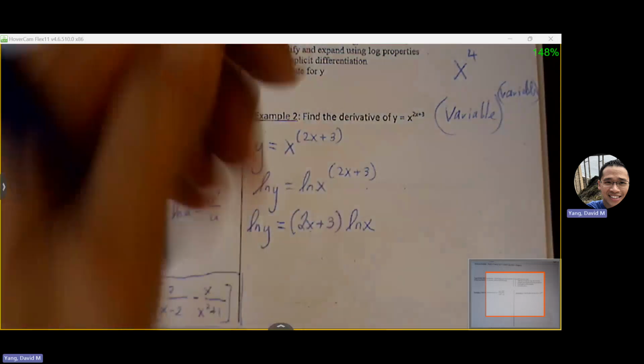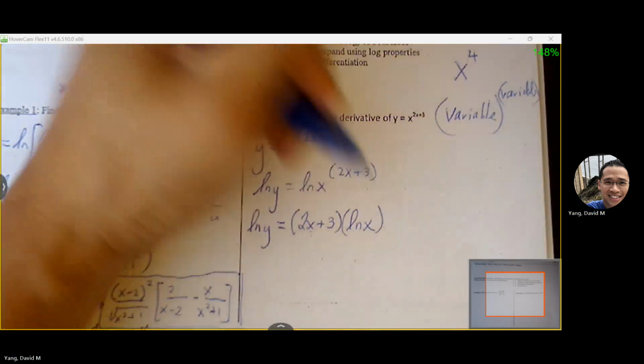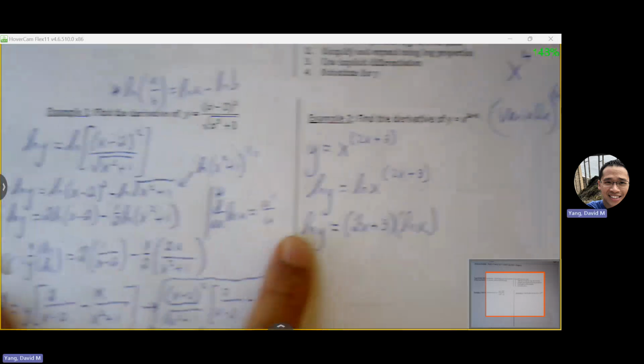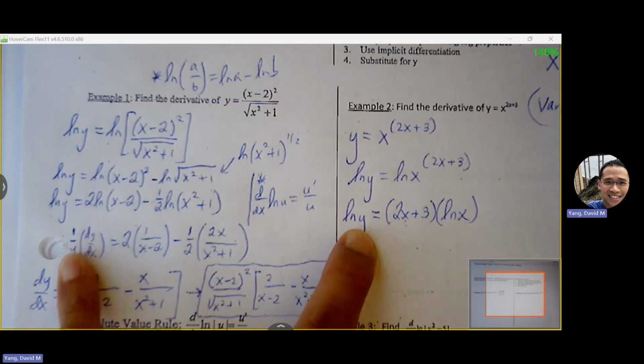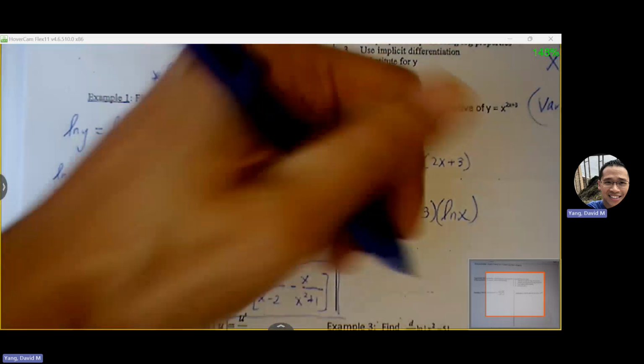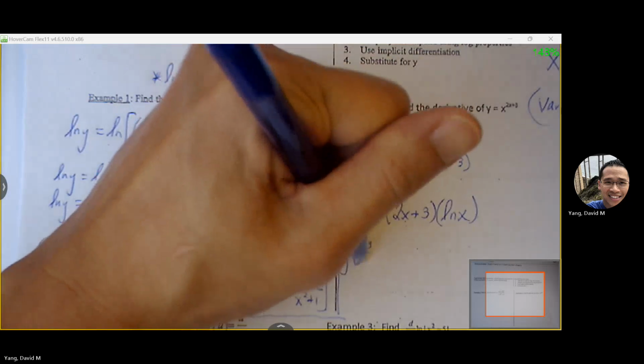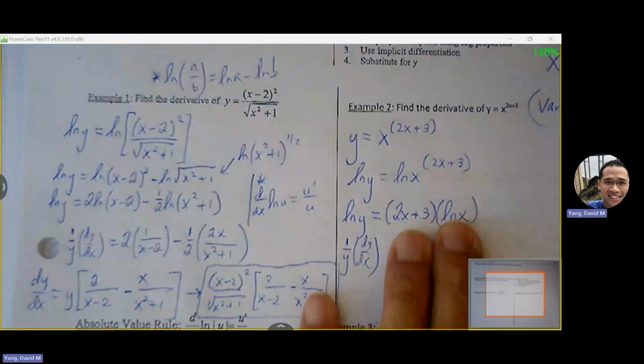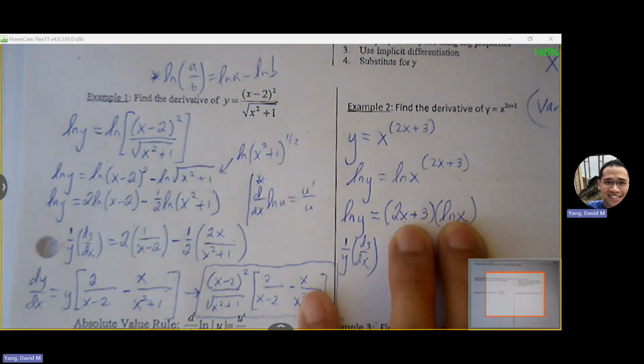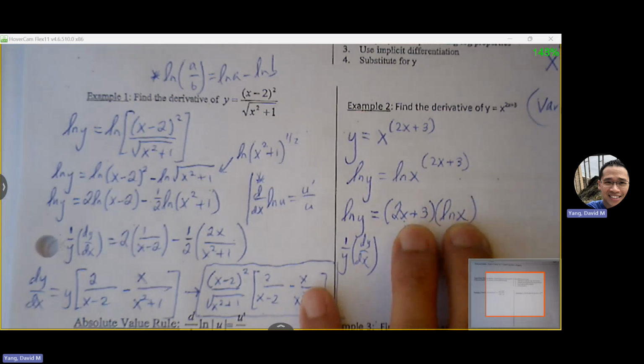it's now in front of natural log of x, but I want to find the derivative. Natural log of y is going to be the same as before, a little bit of implicit, 1 over y dy dx. But what's going to come of 2x plus 3 times natural log of x? What process do we have to go through to find the derivative here?